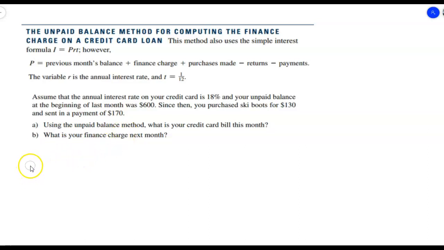All right, so in order to find that P, we're going to use the previous month's balance, which was $600, plus any finance charges on that previous month's bill. So we're going to use the simple interest formula where I is equal to the previous month's balance times your rate times your time.